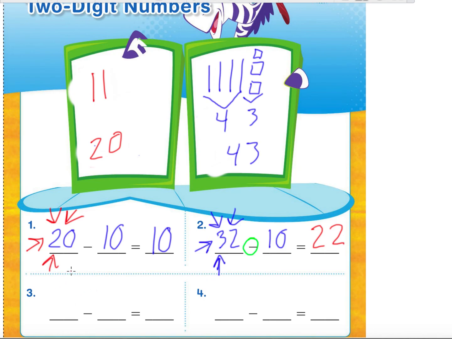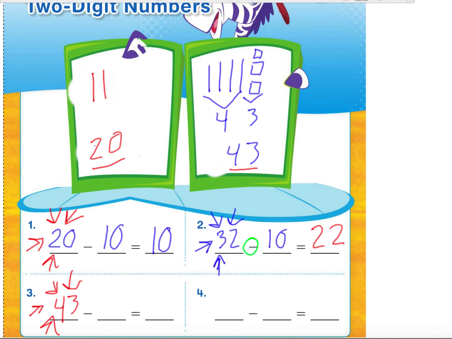What number goes in this first space right here with all of the arrows pointing at it? Is it going to be 20 or the 43? It's going to be the 43 because the big number always goes first. You can never put the small number first when you are subtracting.